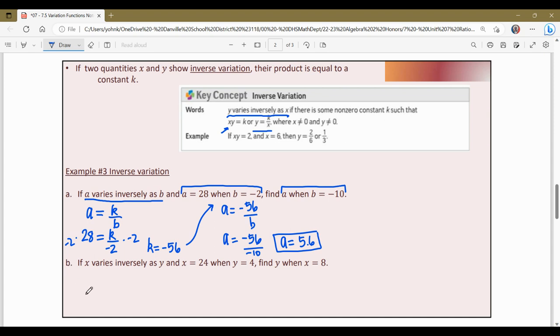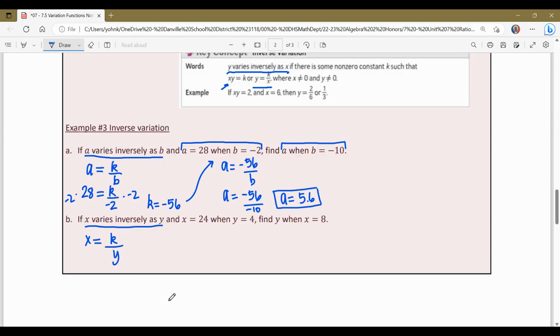All right, letter B. If x varies inversely as y and x equals 24 when y equals 4, find y when x equals 8. So our beginning sentence here, x varies inversely as y, x equals k over y. Okay, it says x equals 24 when y is 4.